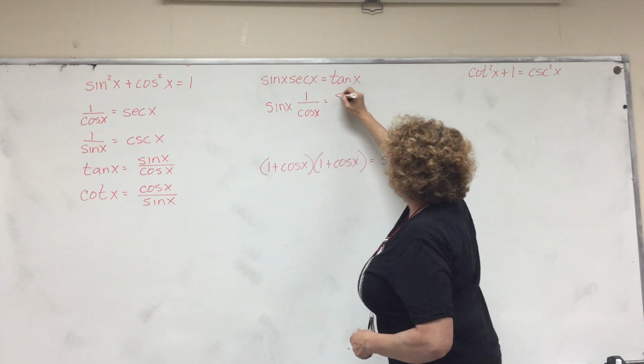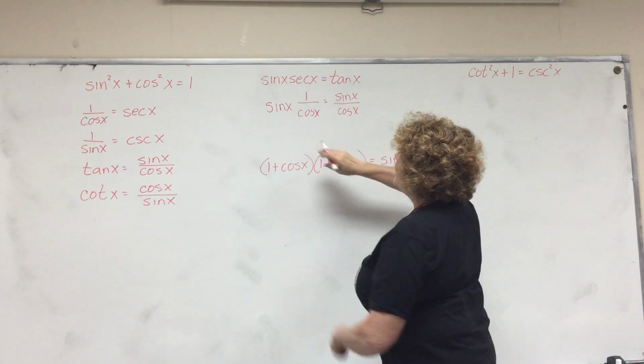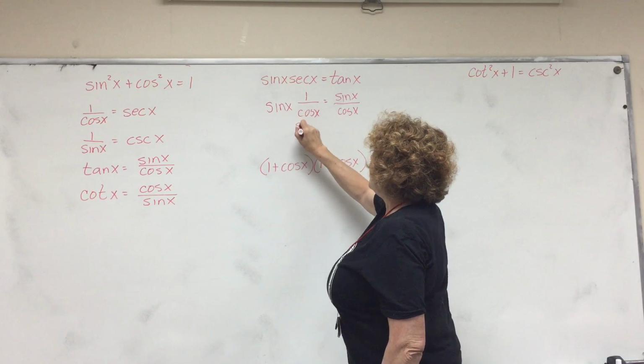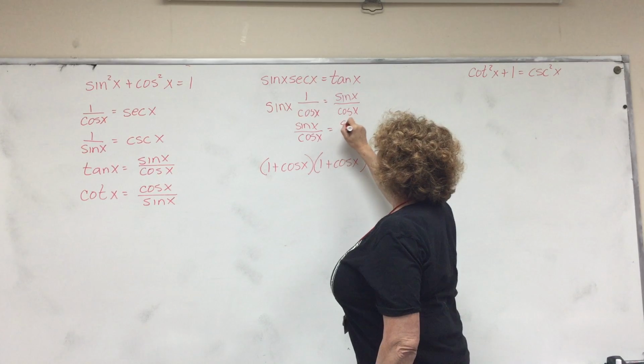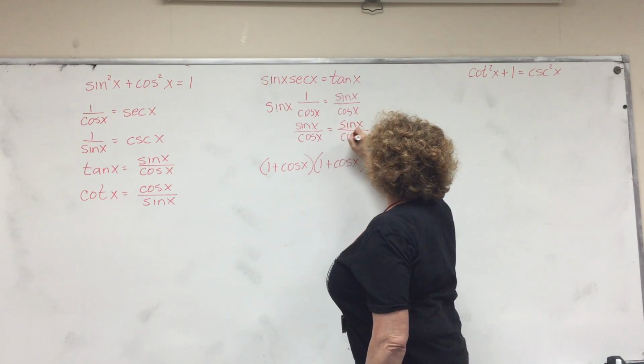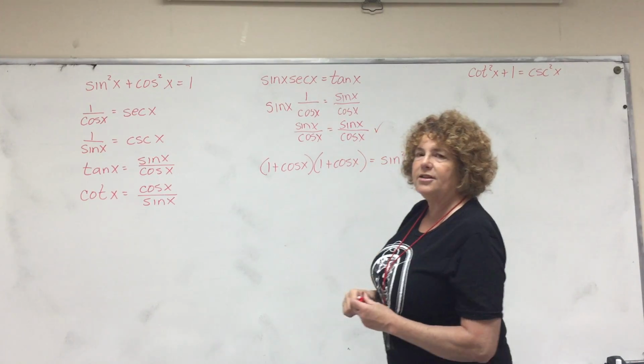The tangent is the sine over the cosine, according to that. So when I multiply these two together, I get the sine over the cosine equals the sine over the cosine, and then just put a little check mark. You're done. You've made one side equal the other side.